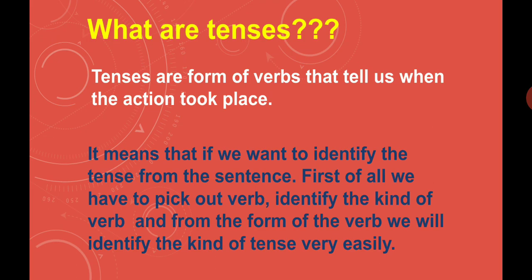If the verb is in its past form, what kind of tense is it? And if the verb is with will or shall, what will be the kind of tense? So from the form of the verb we will identify the kind of tense very easily.